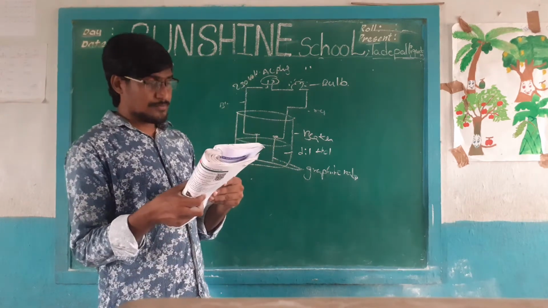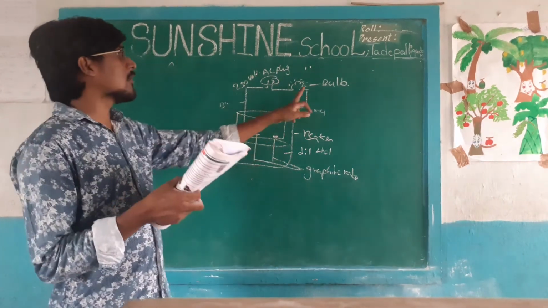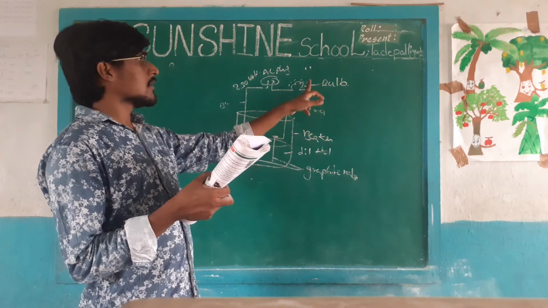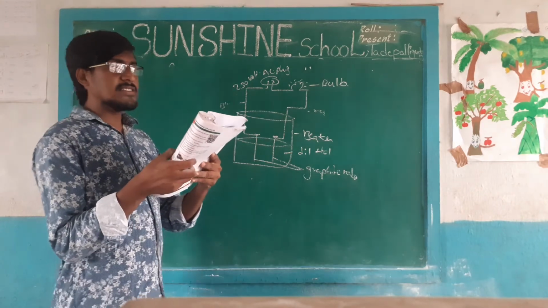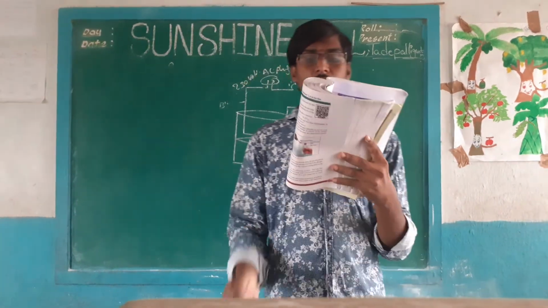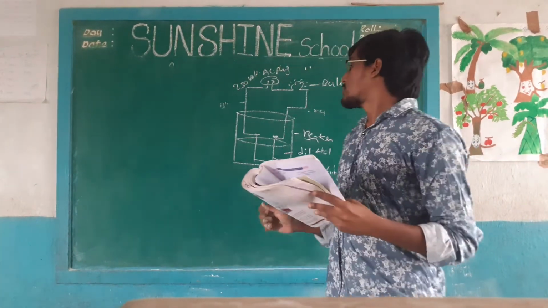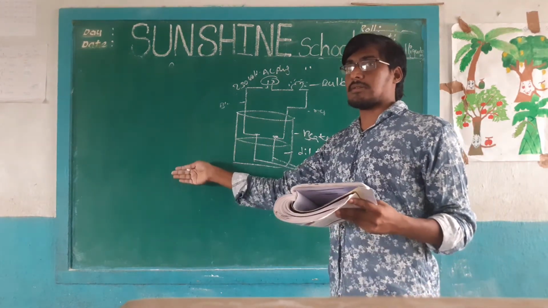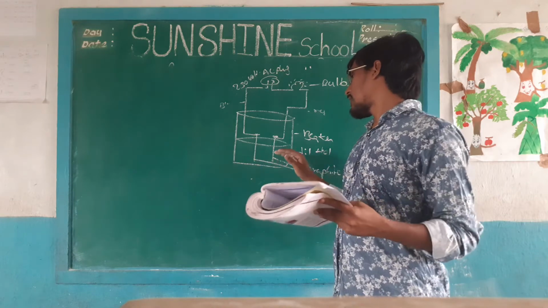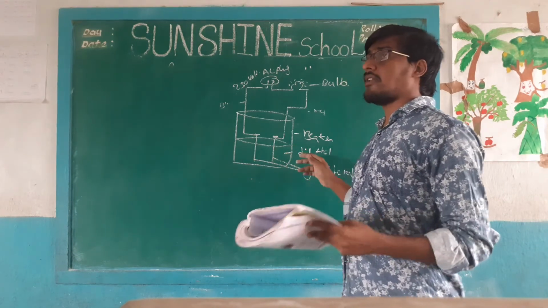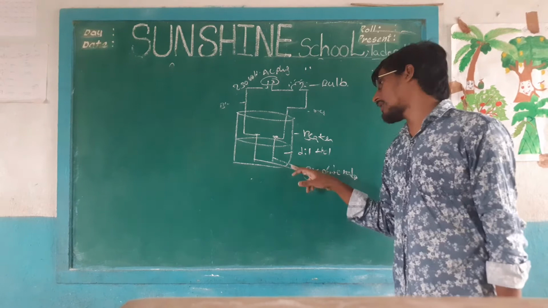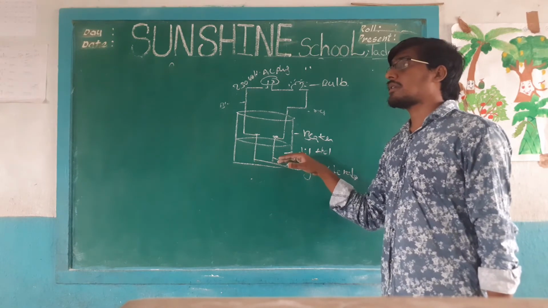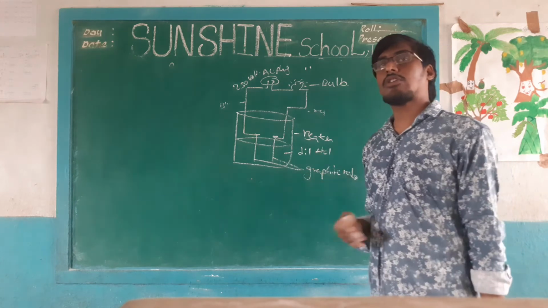What can you observe? Does the bulb glow in all cases? Let us see. You will notice that the bulb glows only in acid solution. So this is an acid. Now take another beaker and pour glucose water.